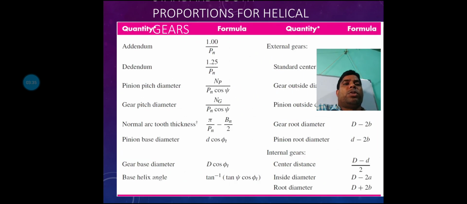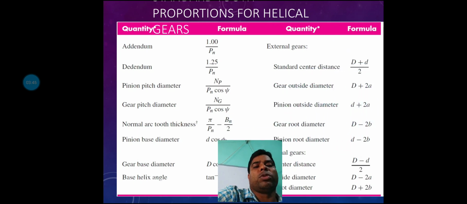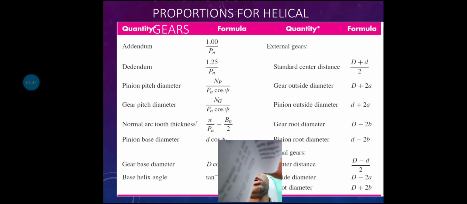Now properties of the helical gear. It's a similar type of formula to what I followed in bevel gear. Similarly, in helical gear cases, other formulas can also be used, and you have to follow the cases one by one.